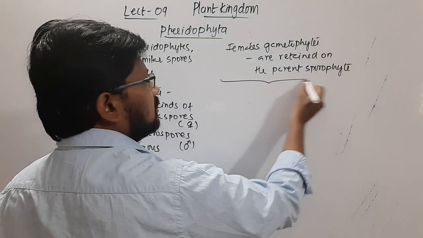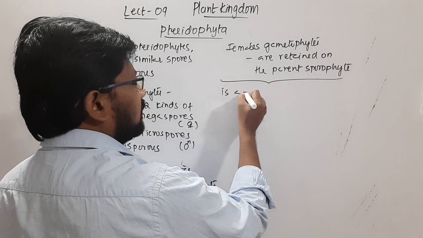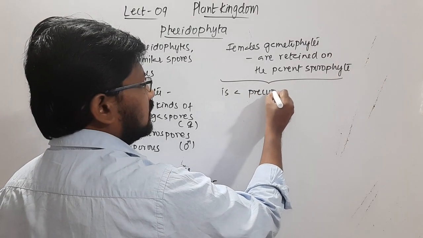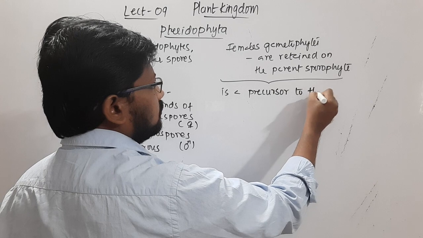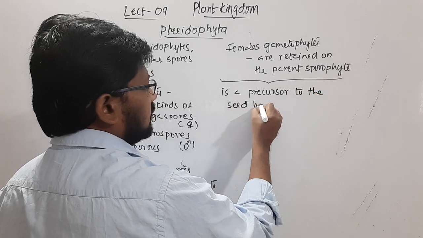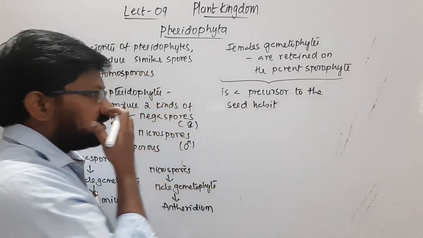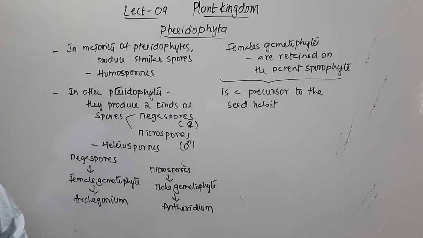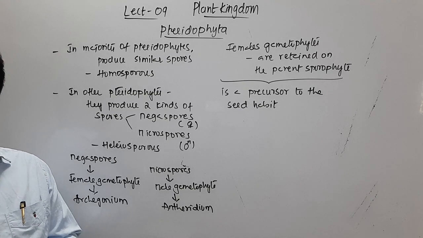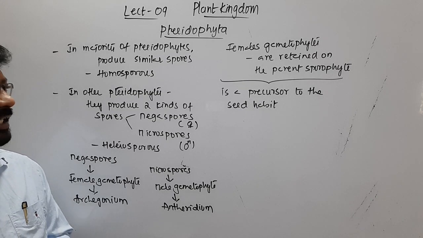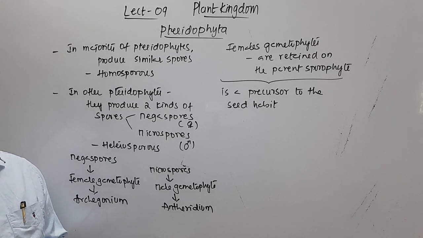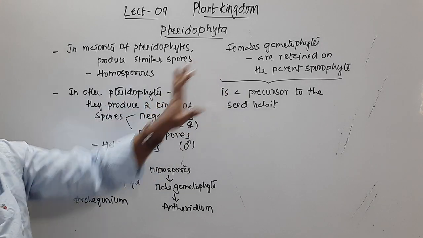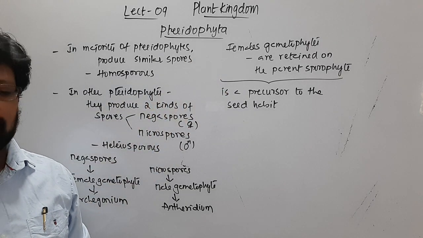So this is a precursor to the seed habit. Later we'll see in gymnosperms and angiosperms that seed formation takes place, and in that case these female gametophytes will not be released from the sporophyte.